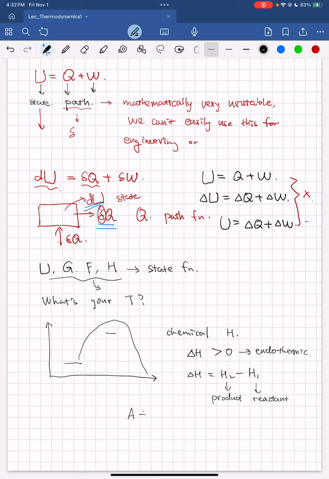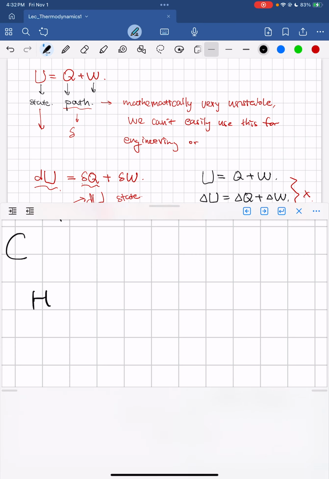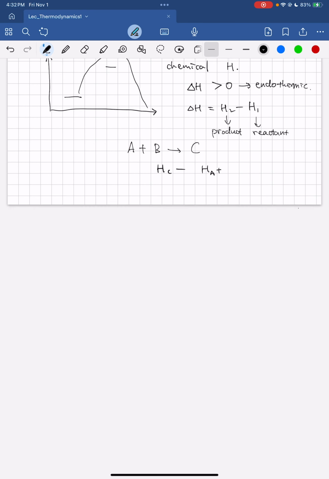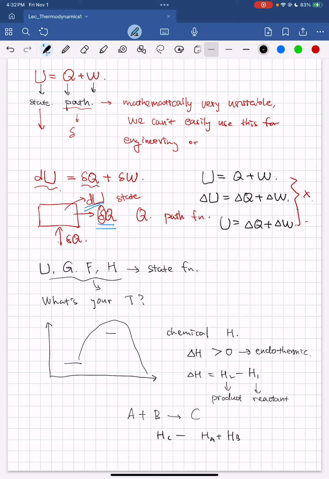So let's say there's this kind of equation. No, wait, sorry. Then HC minus HA plus HB is delta H. If this is positive, then it's endothermic. If this is negative, this is an exothermic reaction.